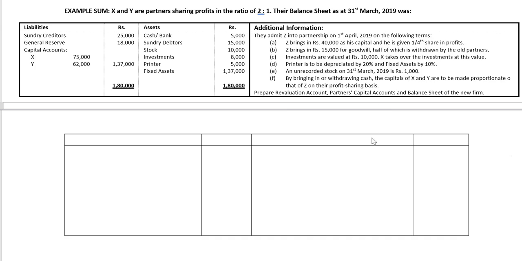And the mode of adjusting this is by bringing in or withdrawing cash, so we will have to adjust the accounts by using bank account. As far as the goodwill treatment is concerned, Z is bringing in his share of goodwill, rupees 15,000. Half of this is withdrawn by the old partners X and Y. So we'll begin with the revaluation account, followed by the partners' capital accounts and then the balance sheet.